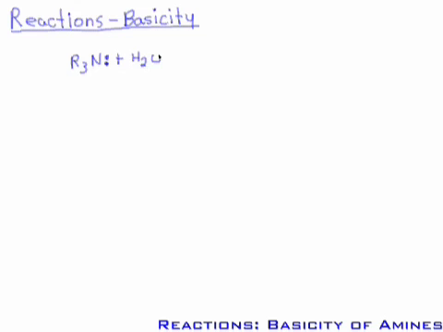So if we take a trivalent nitrogen, R3N, and react it with water, an equilibrium will establish to produce R3NH+ and OH-. And the lone pair of the amine gets protonated.